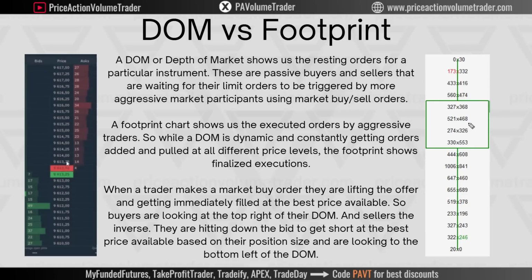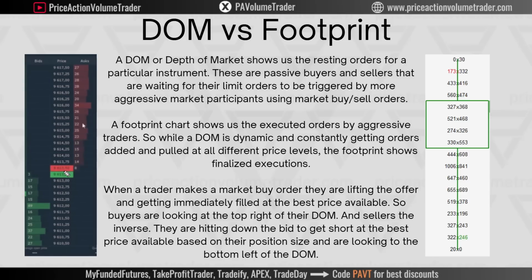So if we're talking about what the most up-to-date or immediate indicator we can use is, it is going to be a footprint chart, because this is showing us in real time, instantly, what is getting executed at every price level. Okay, so when a trader makes a market buy order, they are lifting the offer and getting immediately filled at the best price available.